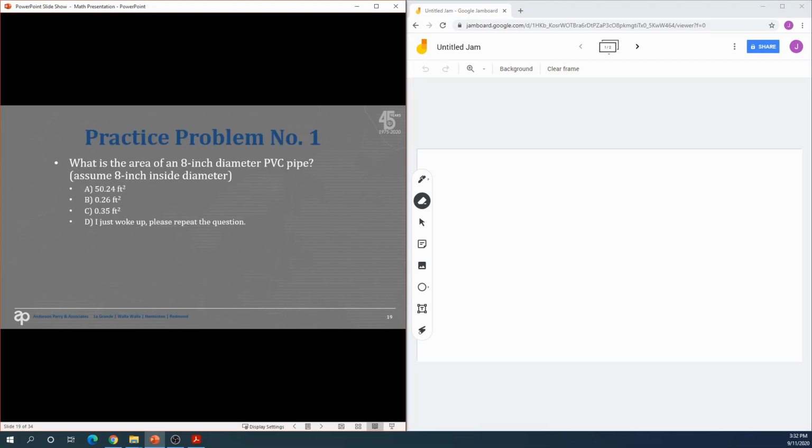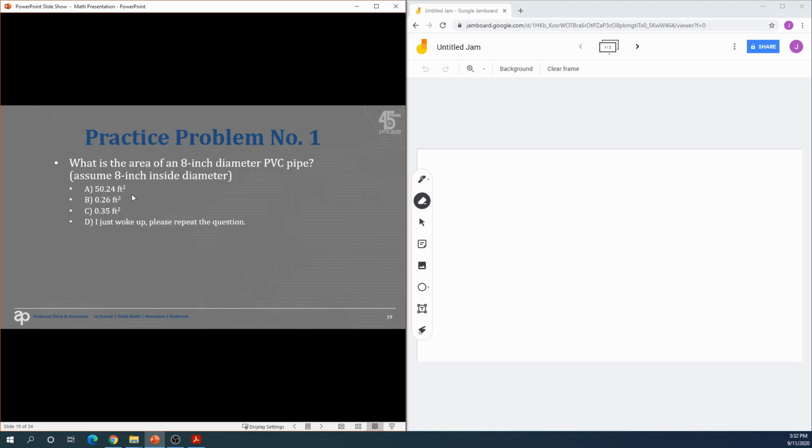So let's work on another practice problem. What is the area of an 8-inch diameter PVC pipe? For this, we're going to assume that 8-inch is the inside diameter. So, again, units, units, units. We've got to make sure everything is the same. We're starting with an 8-inch inside diameter, but all of our answers are in square feet.